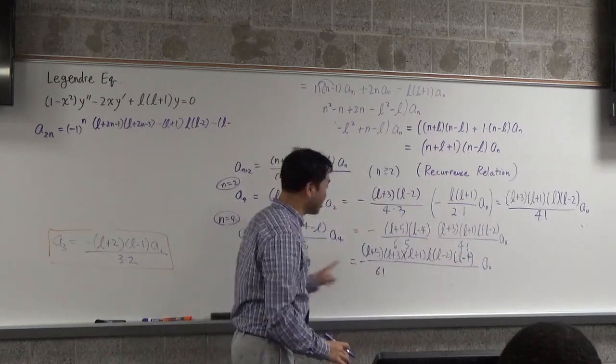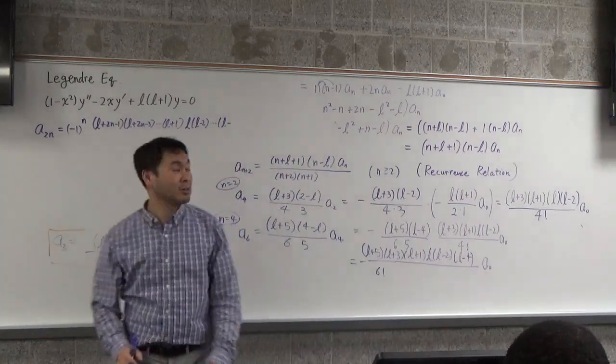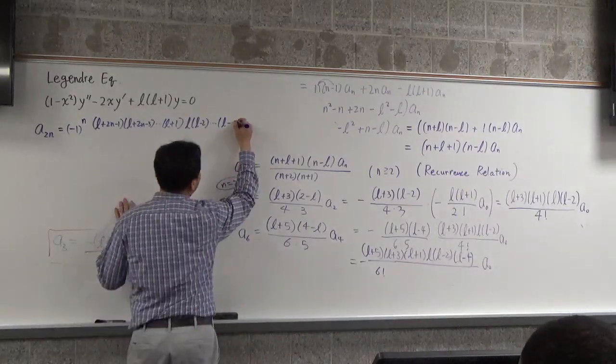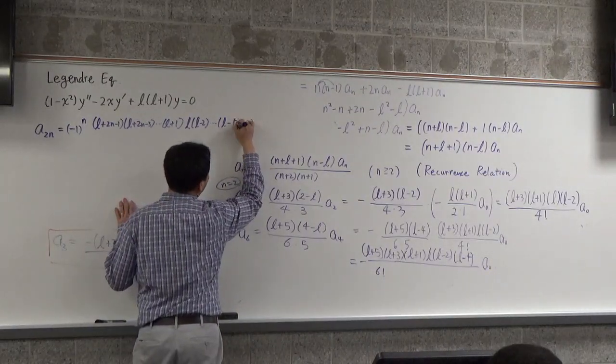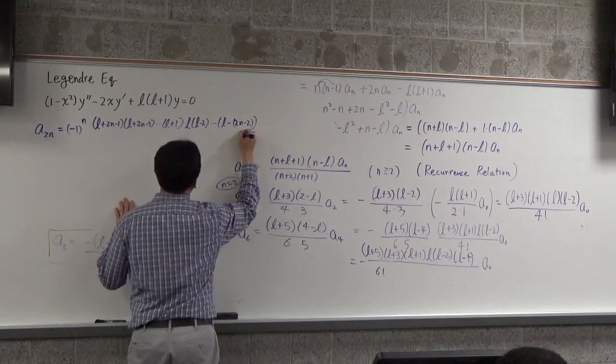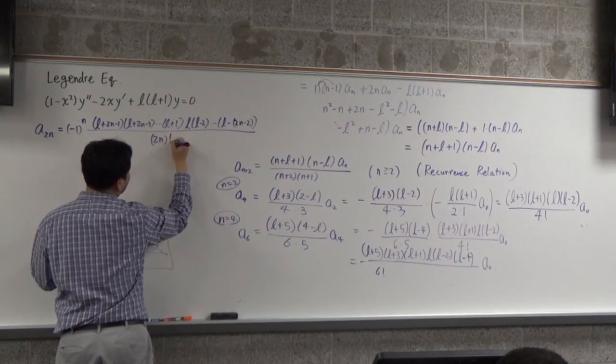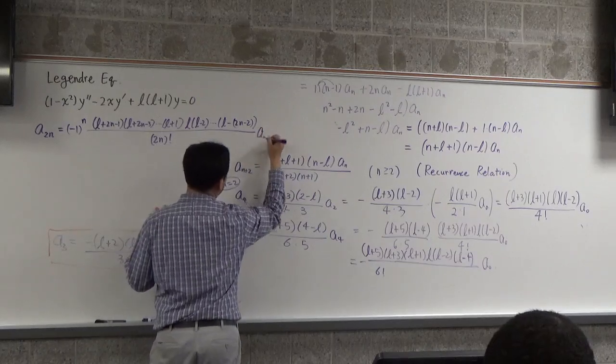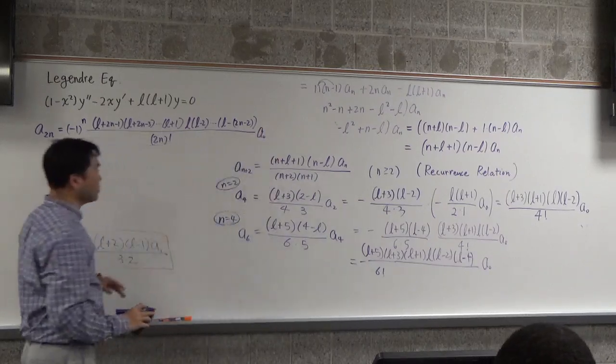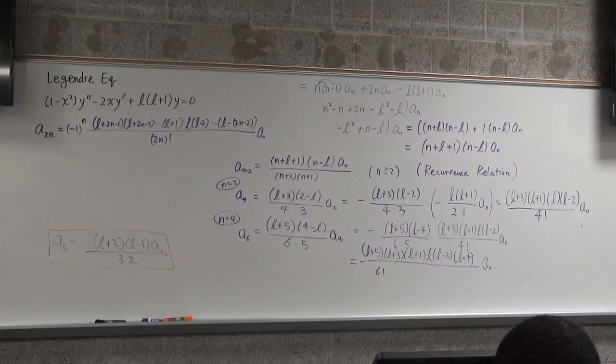If it was 6, it goes up till 4. So what is it? L minus 2n minus 2. And here you have 2n factorial and A0. Okay. So we worked very hard to figure that out.